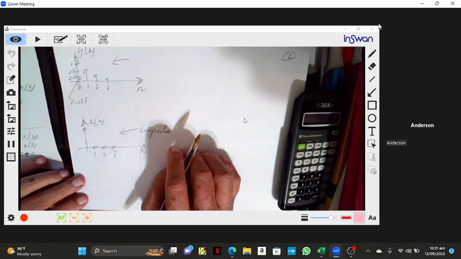Would that be a step function? Yeah, man. Look at y of n. Does it look like a step function to you? No, sir. If the input's impulse, what's the output called?